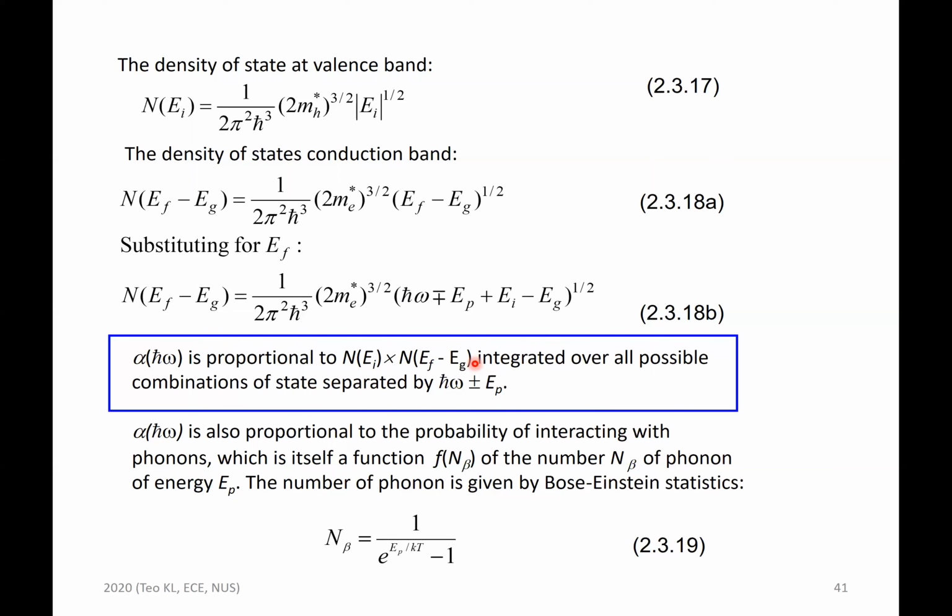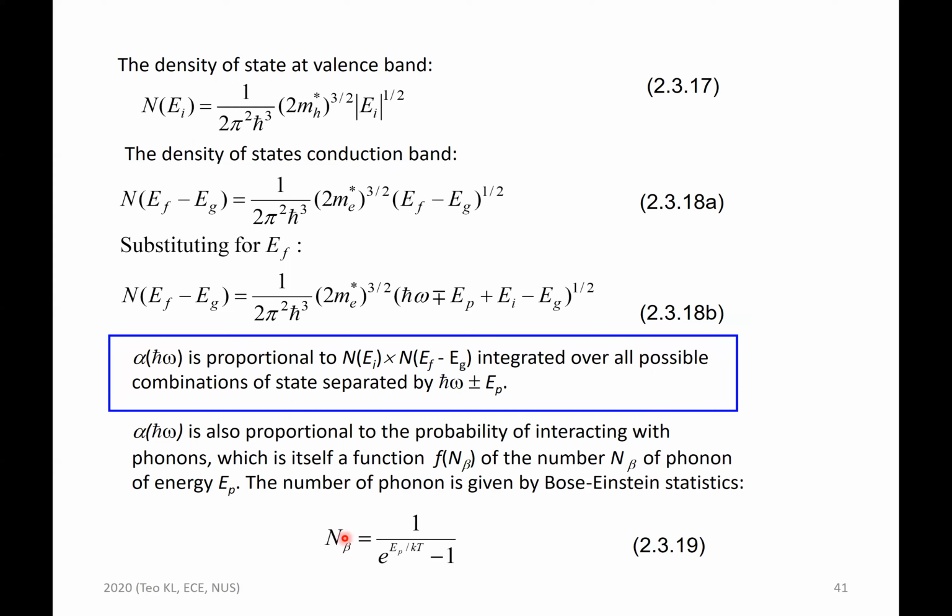Now, for the absorption coefficient, apart from the initial density of state and final density of state, you also have to include the number of phonons involved. The number of phonons is basically the probability of phonon interacting with the electron.